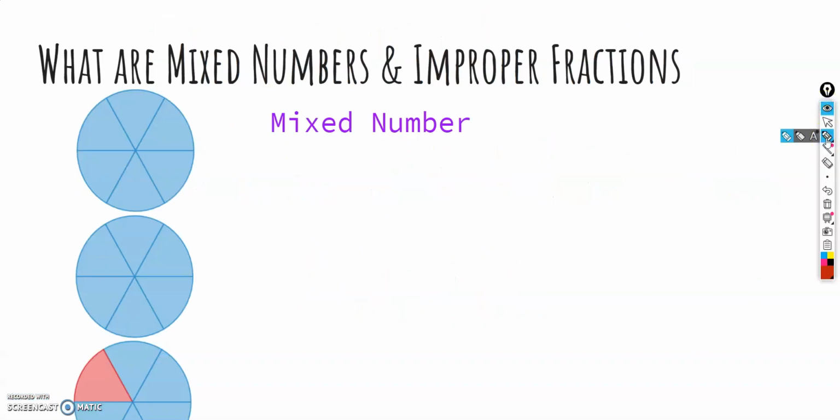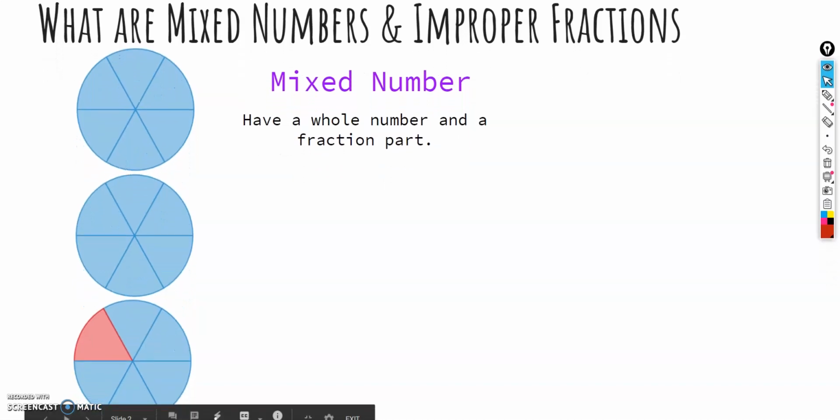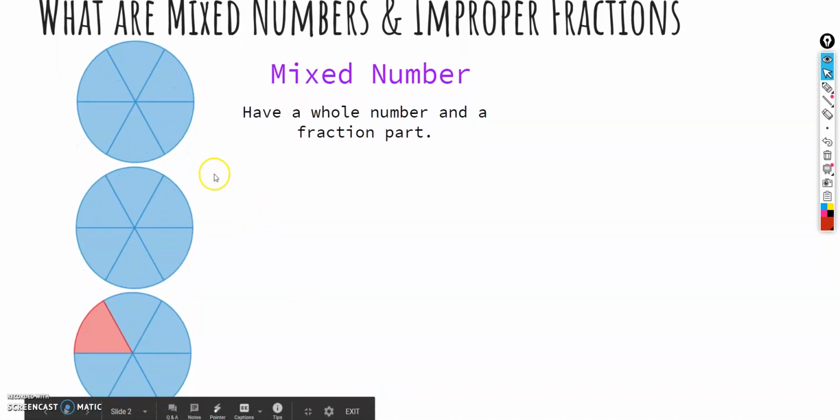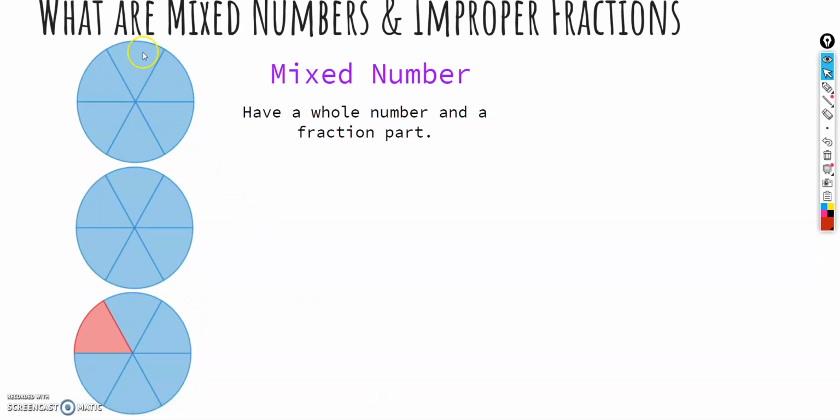Okay. So what exactly are mixed numbers? Mixed numbers have a whole number and a fraction part. So if we look at this example, you can see that there are 1, 2, 3, 4, 5, 6 pieces in each one.